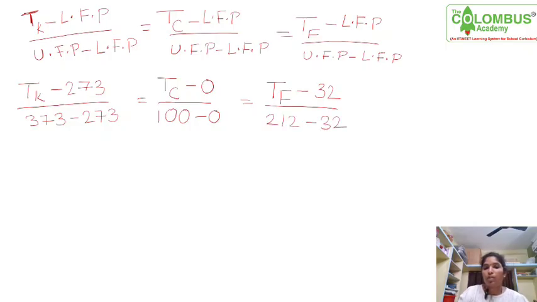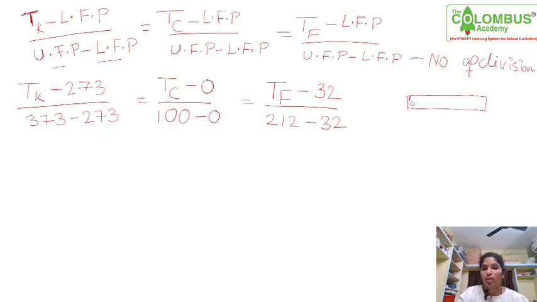Right here, the difference between the lower fixed point and upper fixed point gives the number of divisions of that scale. See, if I take a centimeter scale, it starts with 0.